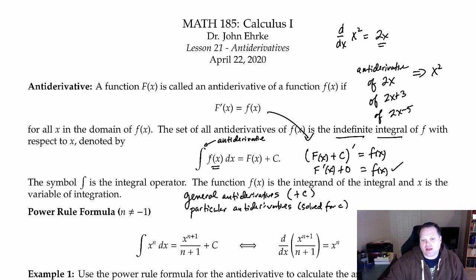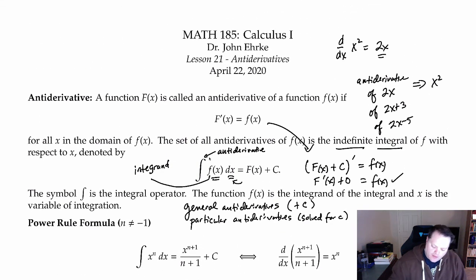So when we write the integral form like this, the function f of x that's inside here is called the integrand. And then this dx is what we're taking the derivative with respect to. Think of it this way. When we take the derivative of a function, this d/dx is our operator that tells us to differentiate with respect to x.